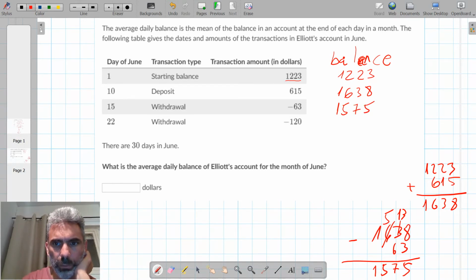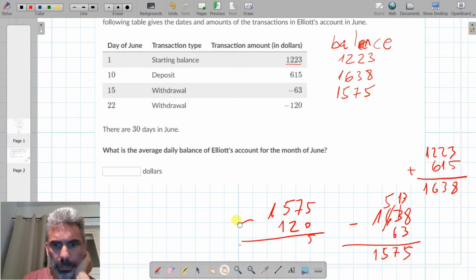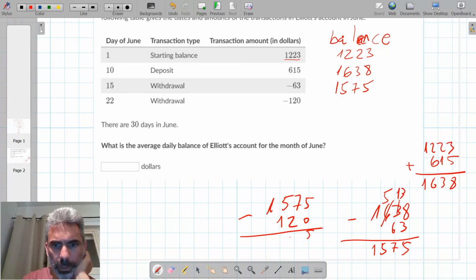And then he withdrew another $120. So 1,575 minus 120. 5 minus 1 is 4, so 1,455.